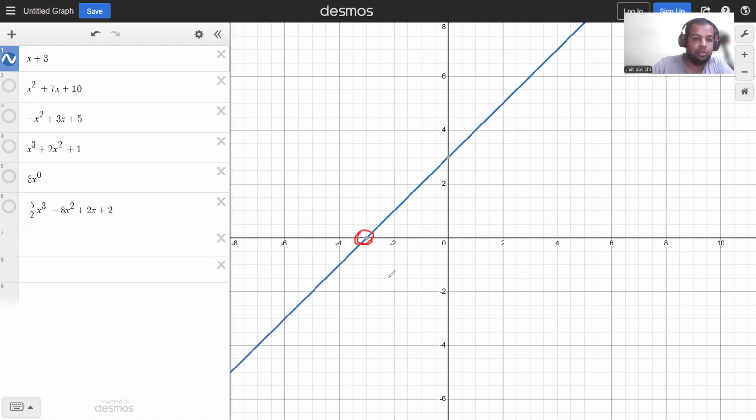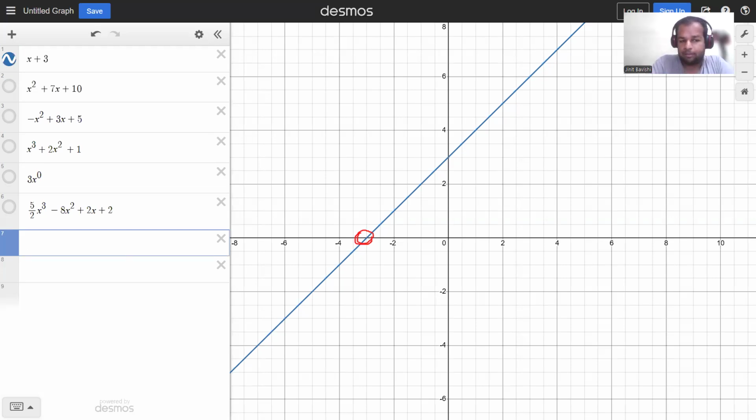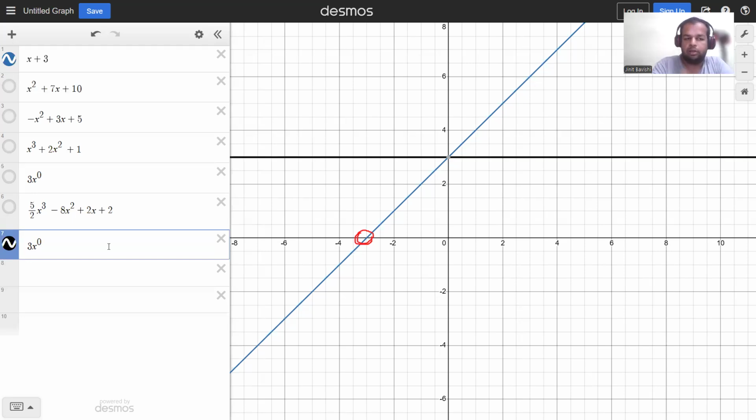Sometimes the graph could be very different. For example, if I write the polynomial 3x to the power 0, that is the same as 3, yes, you know it.